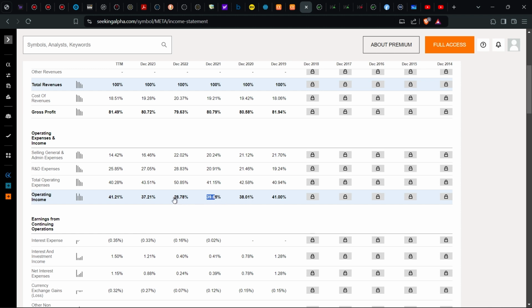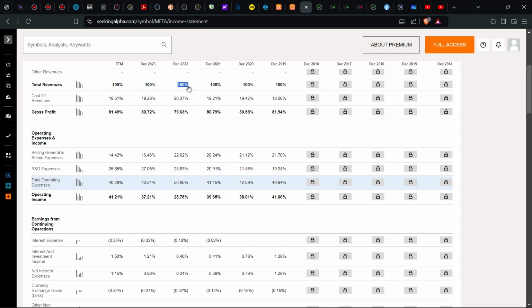In 2022, there was a problem here, right? There was a big problem here in 2022 because operating expenses were quite high as a ratio of the revenues, because you can't be making $100 and $20 of the $100 is going to cost of production or delivery of services, and then the whole $50 is going towards research and SG&A operating expenses. So this was a problem.